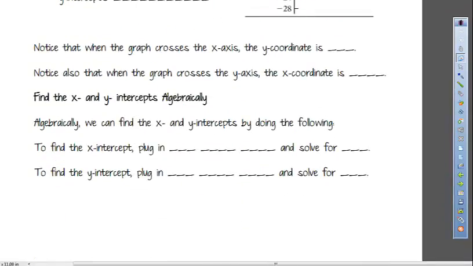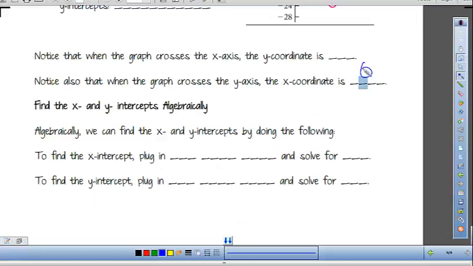Notice that when the graph crosses the x-axis, I already said that, the y-coordinate is 0. And notice also when the graph crosses the y-axis, the x-coordinate is 0. Seems like we already talked about it. For the x-intercept, plug in 0 for y and solve for x.